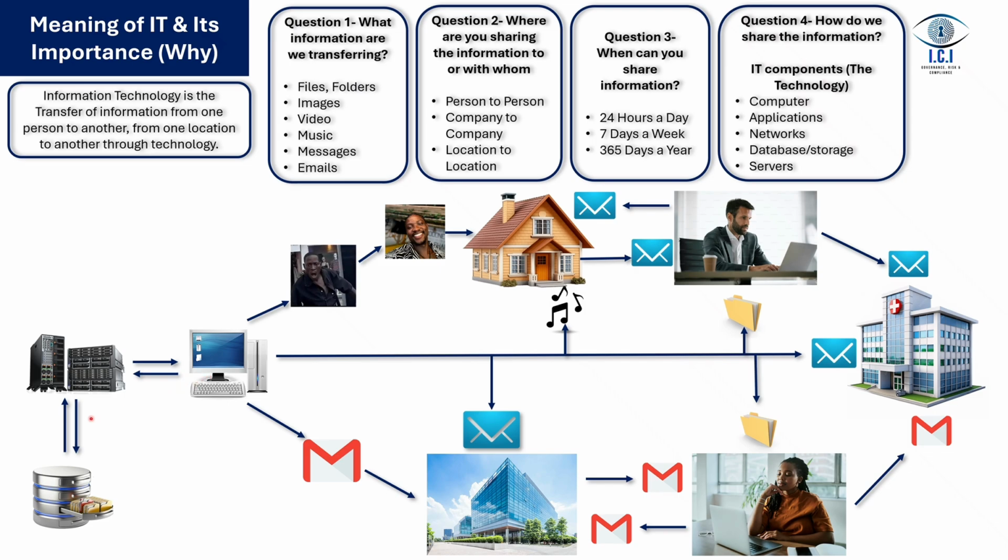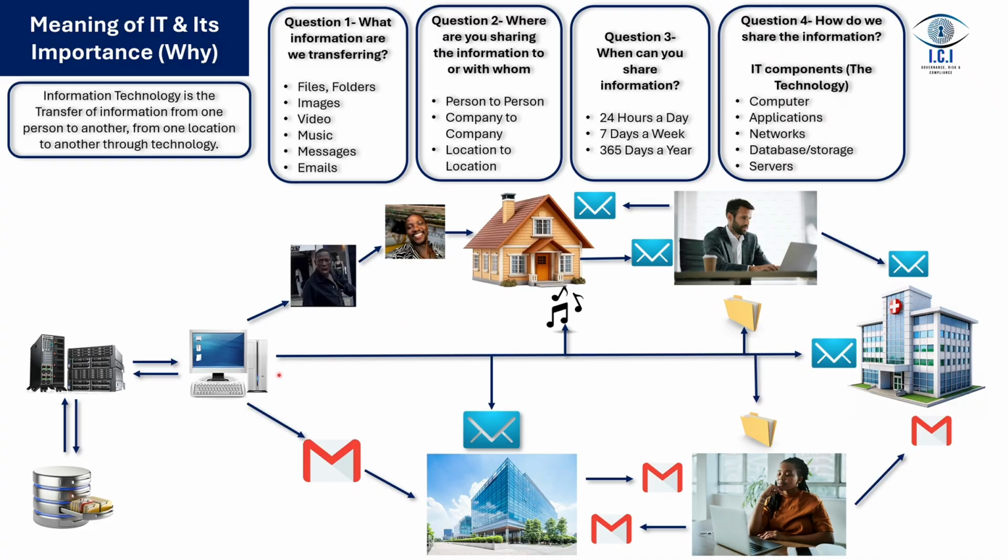Also network. All these lines you are seeing here are a depiction of a network system. It's like a link. So you can see that this computer passes the information to this house. The information this computer is passing to this house is a video and a picture.